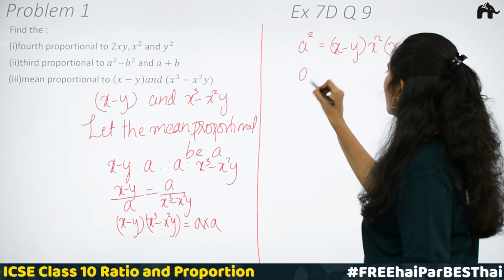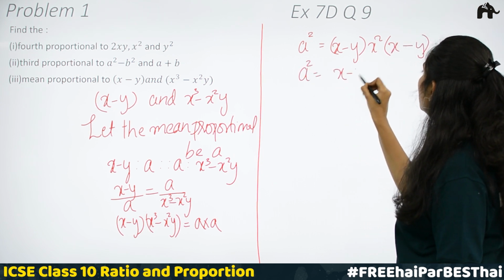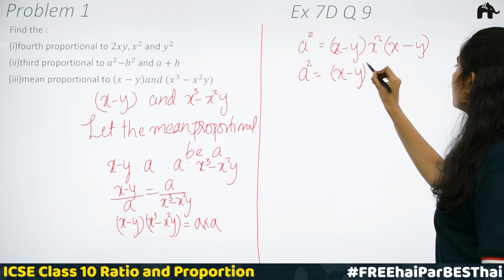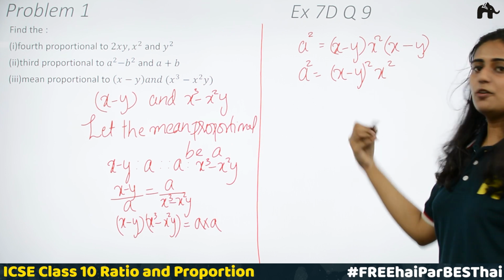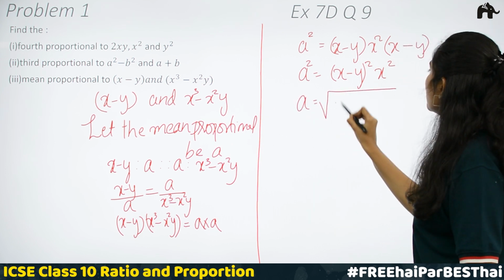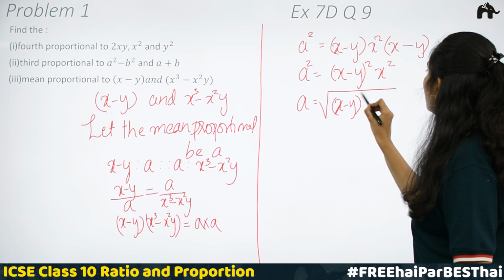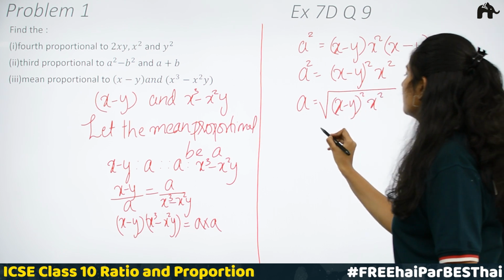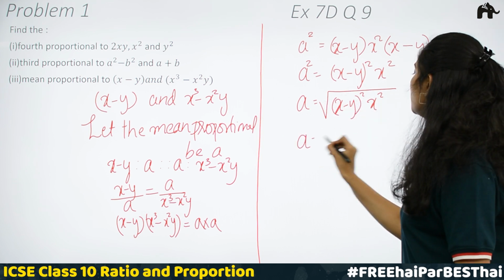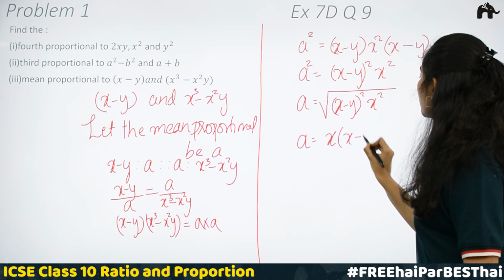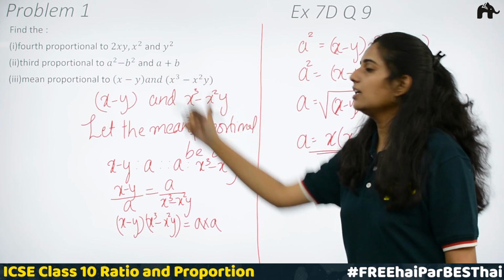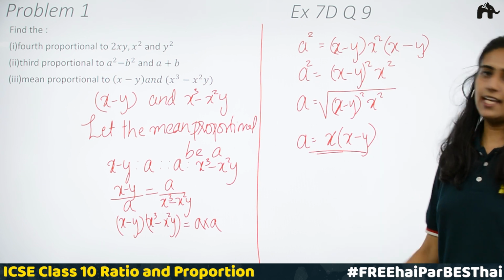Okay, that is a square is equal to x minus y into x minus y, which becomes x minus y whole square into x square. Now to find a, we need to take the square root of x minus y square into x square. Removing squares and square root, we get a is equal to x into x minus y. So, the required mean proportional for the third question is x into x minus y.